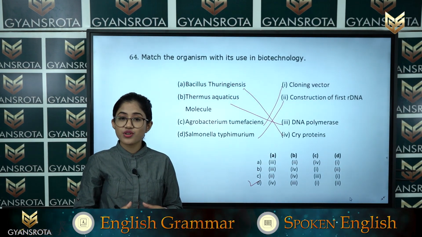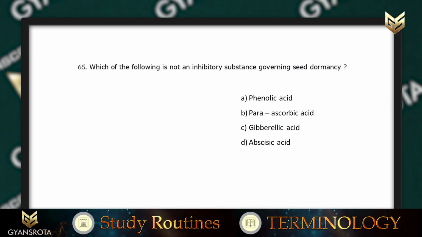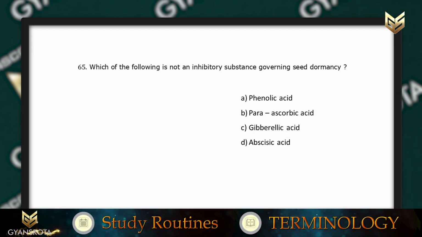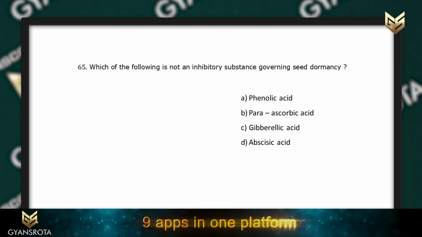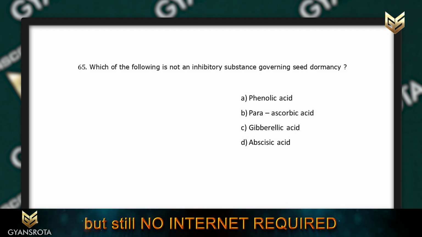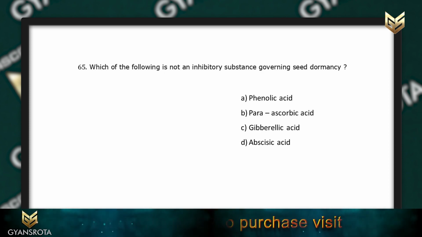Now, let us see the next question, that is question number 65. Which of the following is not an inhibitory substance governing seed dormancy? Option number A phenolic acid, option number B para-ascorbic acid, option number C gibberellic acid and option number D abscisic acid.